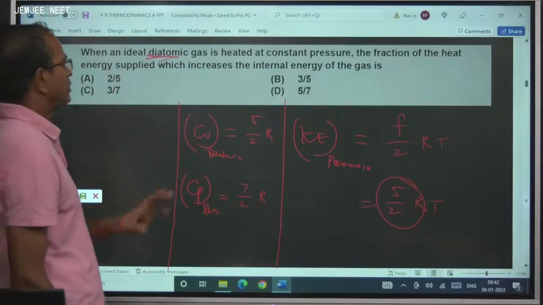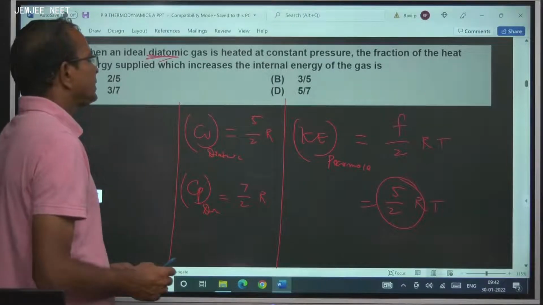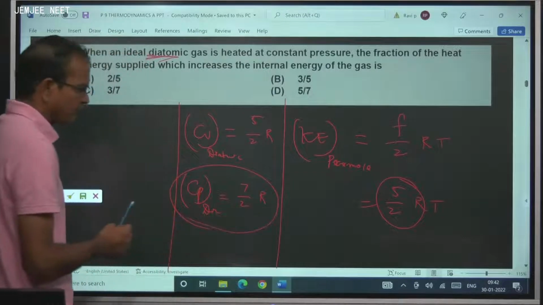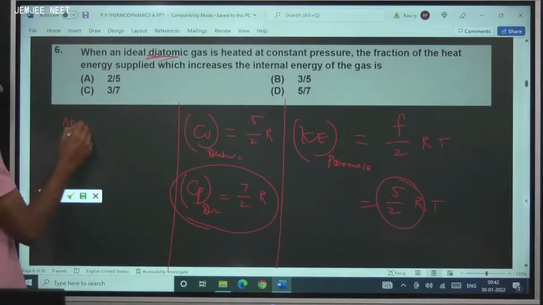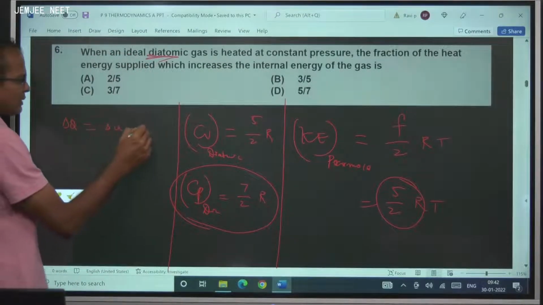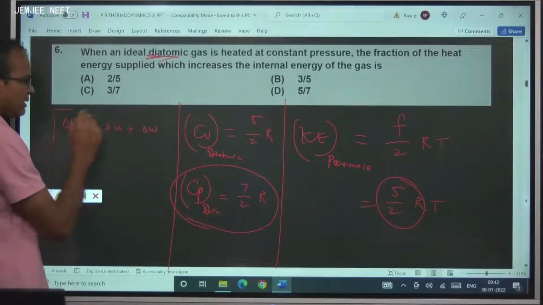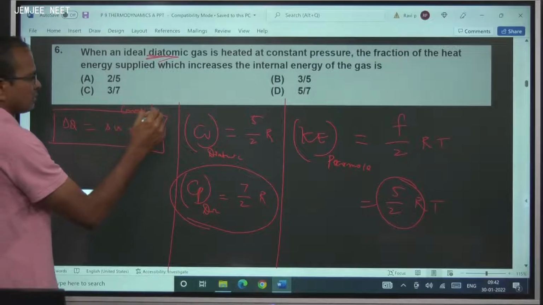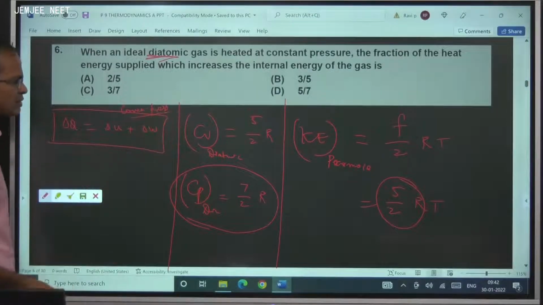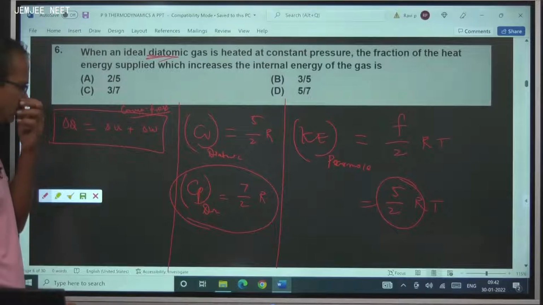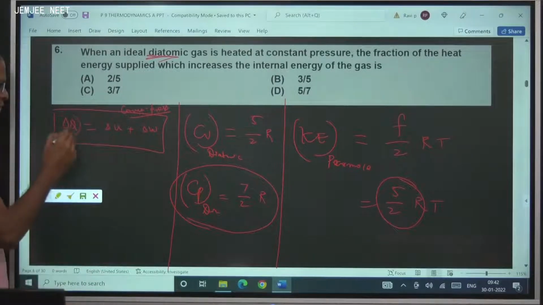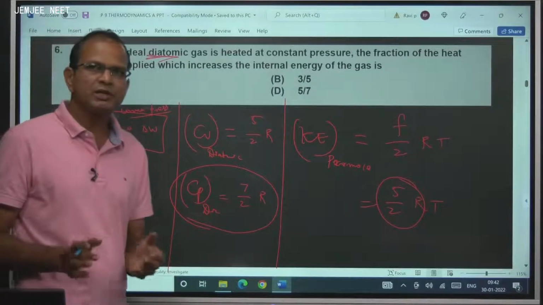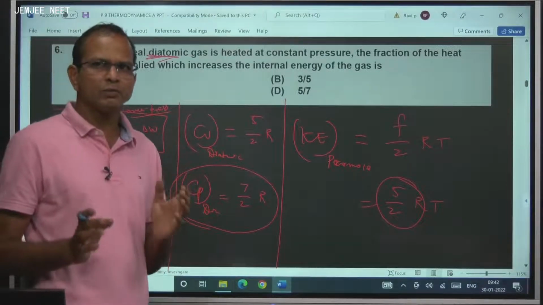Now we come to our point, our question. When an ideal diatomic gas is heated at constant pressure, you are doing the experiment under constant pressure. So delta Q is equal to delta U plus delta W, and this entire relation is meant for constant pressure. How much heat should you have given at constant pressure for 1 mole?